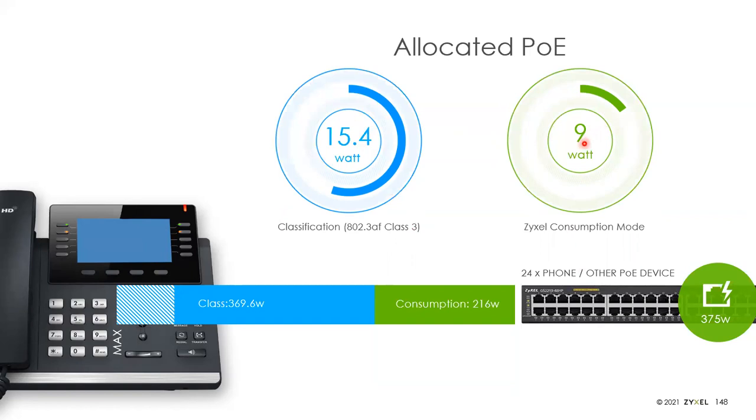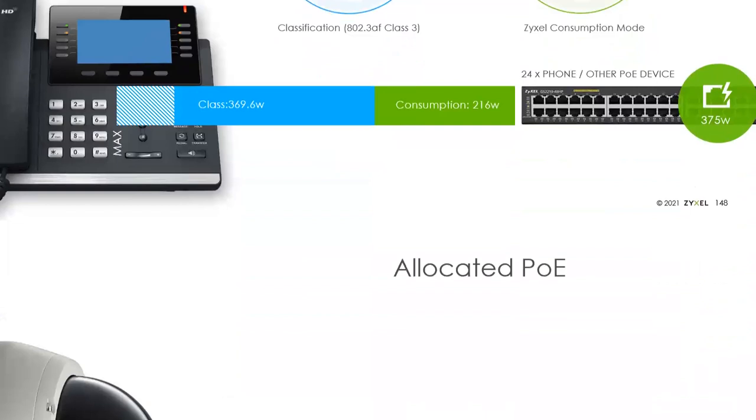So by using our intelligence mode here, we can free up additional switches and fit them on here. So you can see here, if we tried to connect 24 phones, it would require 370 watts of power using the standard classification method. But by using our special intelligent consumption mode, we're only using 216 watts of power. So now you can plug more devices on there.